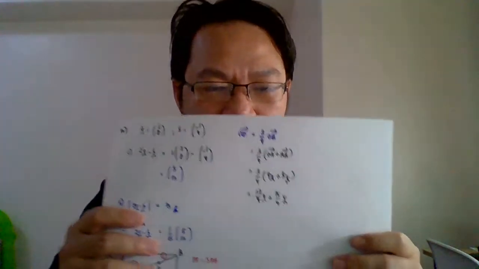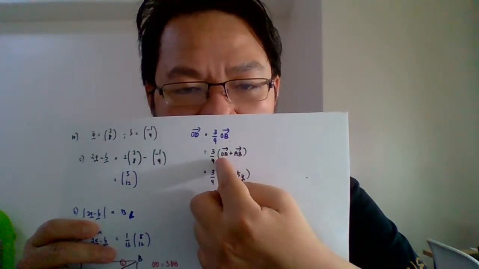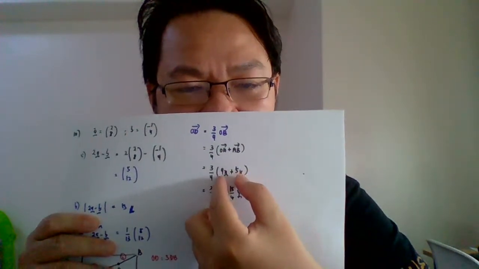Okay, 27 over 4 x plus 15 over 4 y. Okay, guys, this is my answer here. So, 3 over 4 OB, OB actually is OA plus AB. We simplify, then we're supposed to get this.